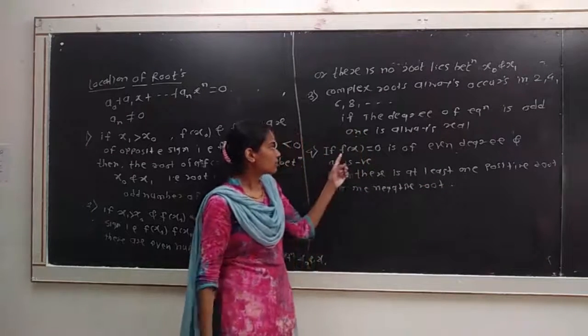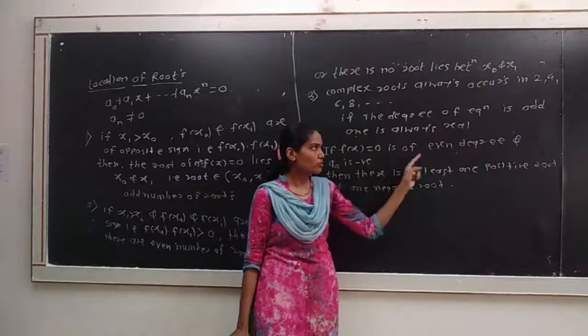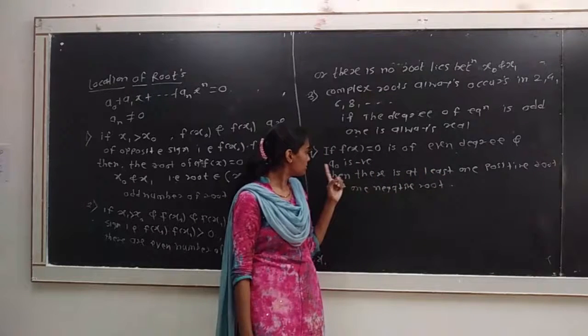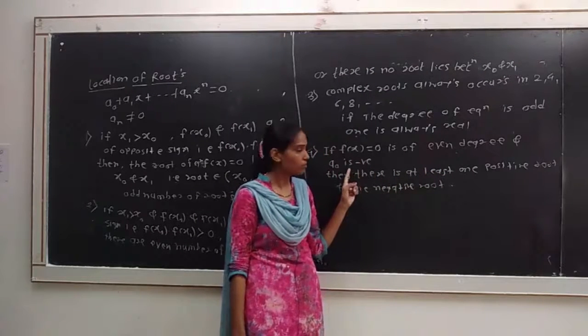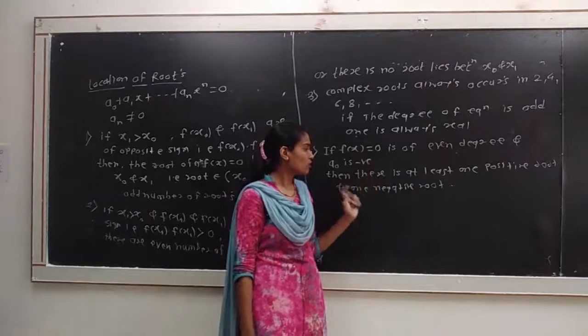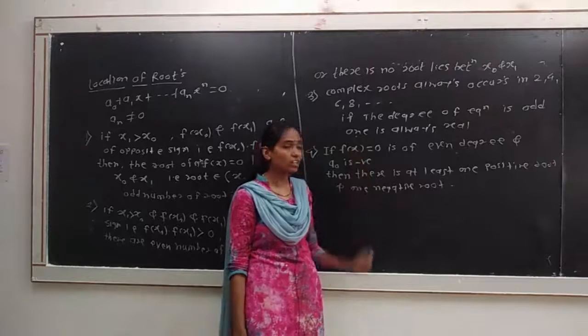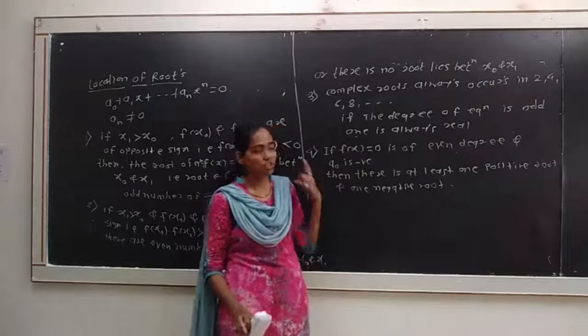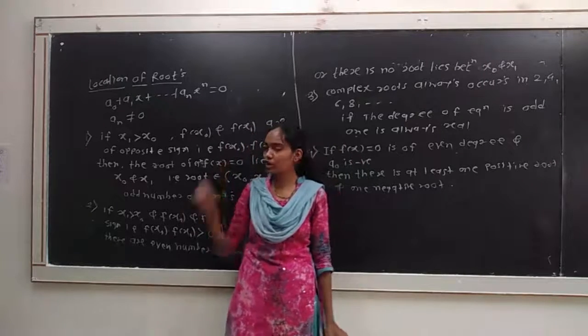That is, if the equation f of x is equal to 0 is of even degree and a0, the constant term, is negative, then there is at least one positive and one negative root of the given equation. These are all the rules for location of roots.